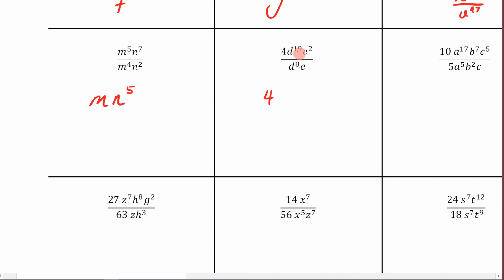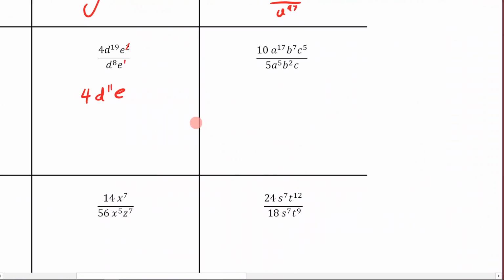Then I have 19 minus 8. 19 minus 8 is going to be 11. Then for my e's, whenever you've got just e by itself, or any pronumeral by itself, there's an invisible 1 there. So that's going to be e to the 2 minus 1, which just means e, because this 2 is going to go away. So 2 minus 1 is just 1, so it means I've just got 1 e up the top.